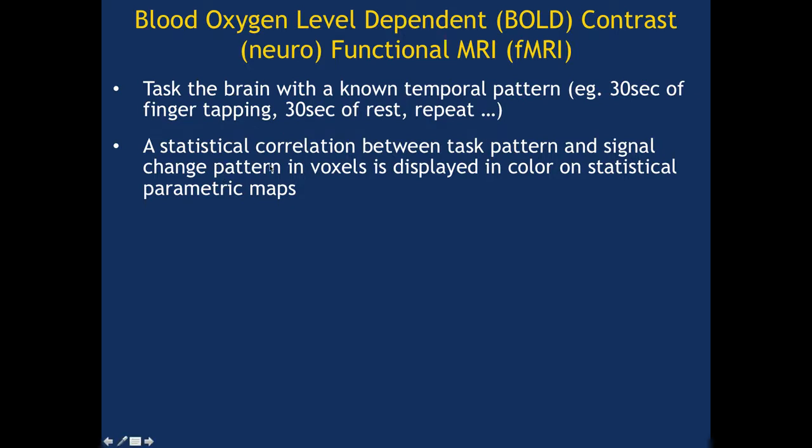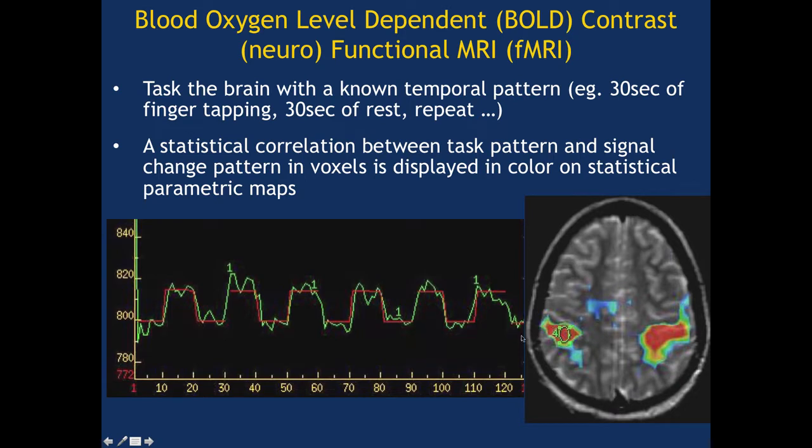We have to repeat it many times because, again, the signal changes are pretty weak, but you can then do a statistical correlation and look for portions in the brain that match the pattern of your task. And this data is quite old, but you can see for a motor task, bilateral finger tapping, the motor strip is highlighted on this statistical map, which is shown in color, overlaid on a routine anatomical map.